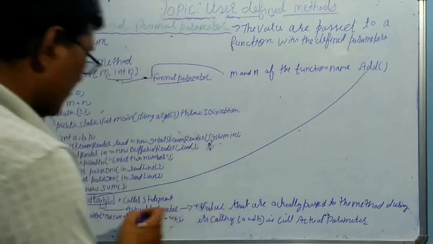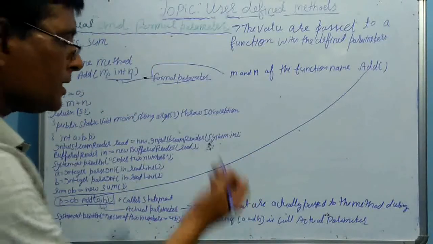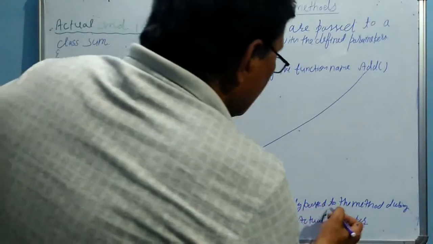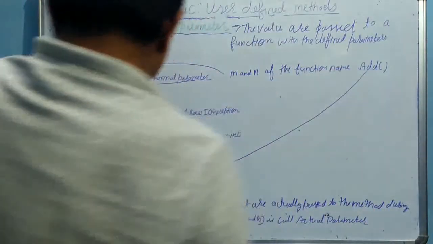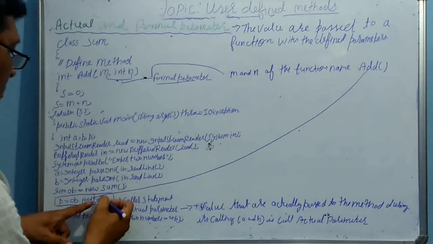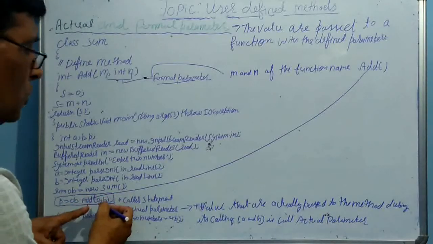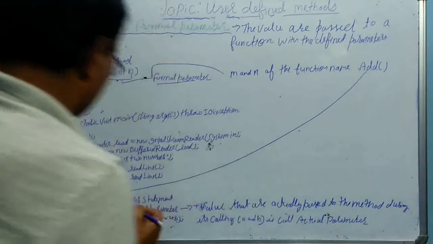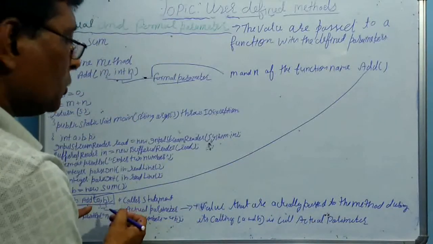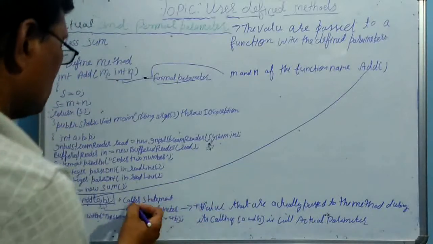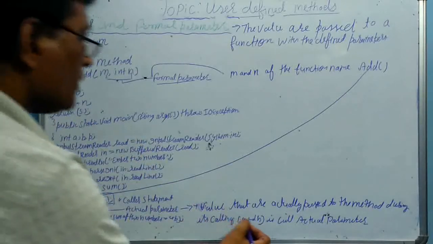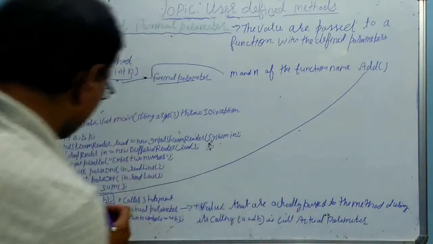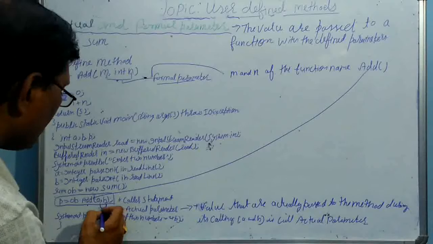What is the actual parameter? The values that are actually passed to the method during the calling statement, a and b, are called the actual parameters.